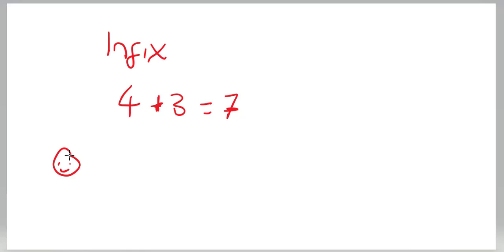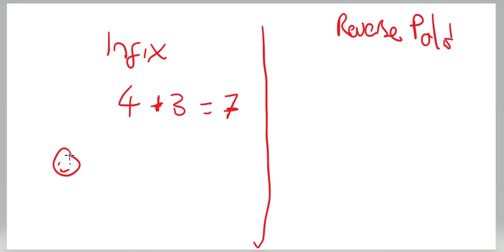However, computers, believe it or not, don't like processing like this. So what we could use is something called reverse Polish notation. What does that mean? Well, it's basically what we call postfix.